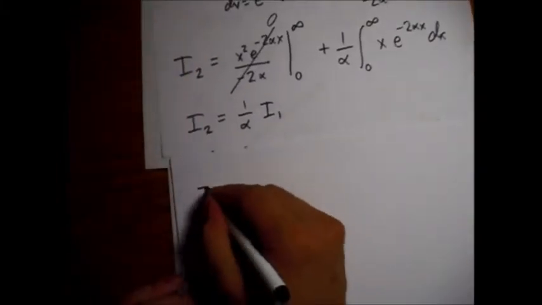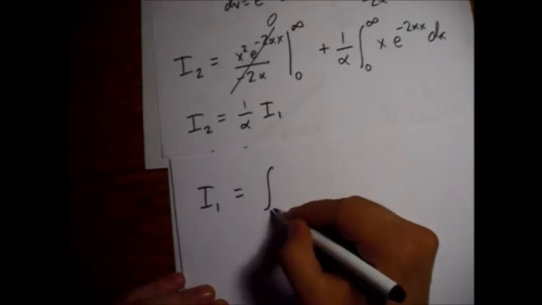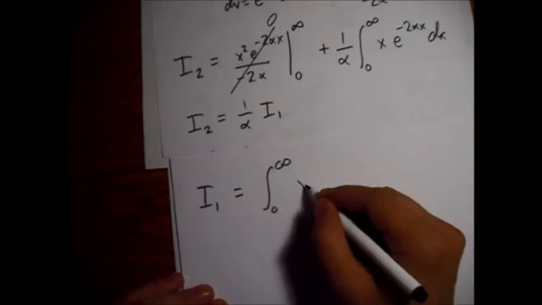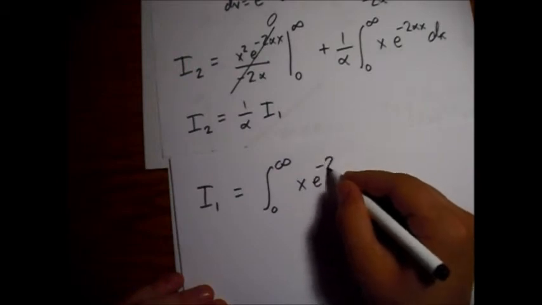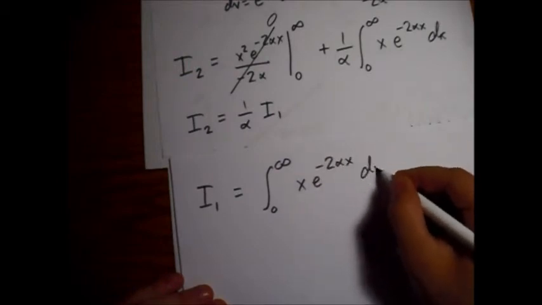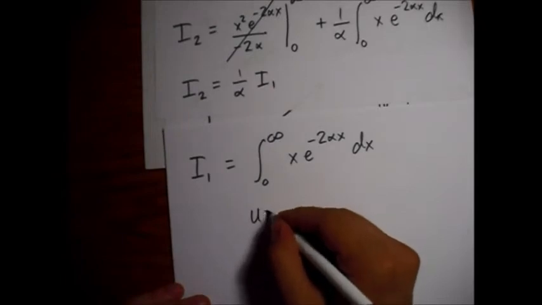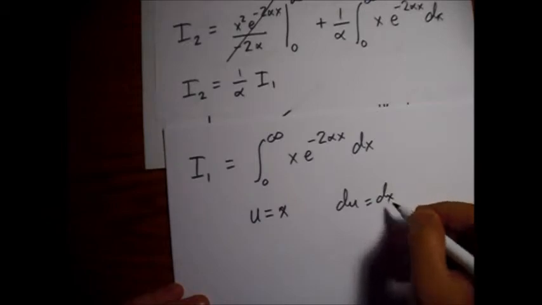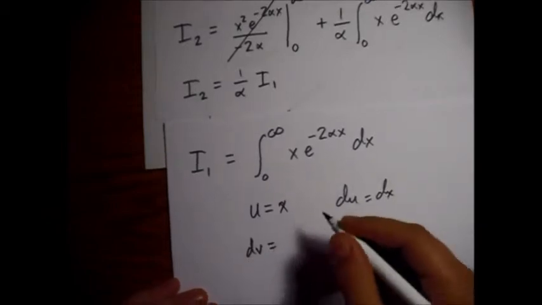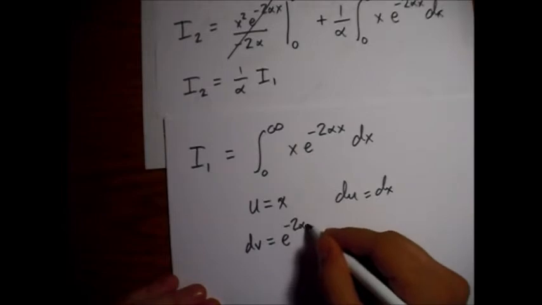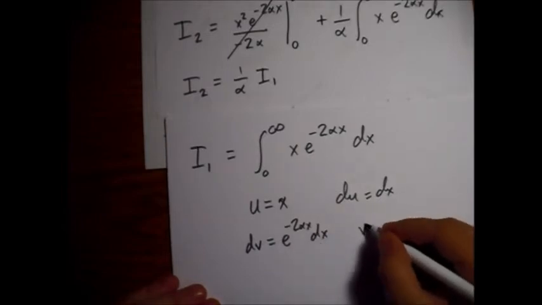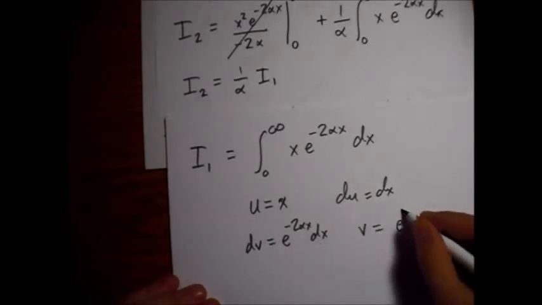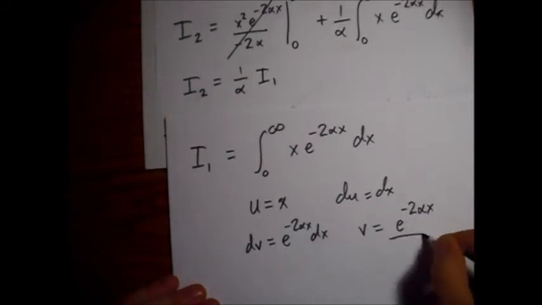All right, now we will do I1. I1 is equal to the integral from 0 to infinity of x e to the minus 2 alpha x dx. U we will set equal to x, du equal to dx, dv we set equal to e to the minus 2 alpha x dx, making v equal to e to the minus 2 alpha x divided by minus 2 alpha.